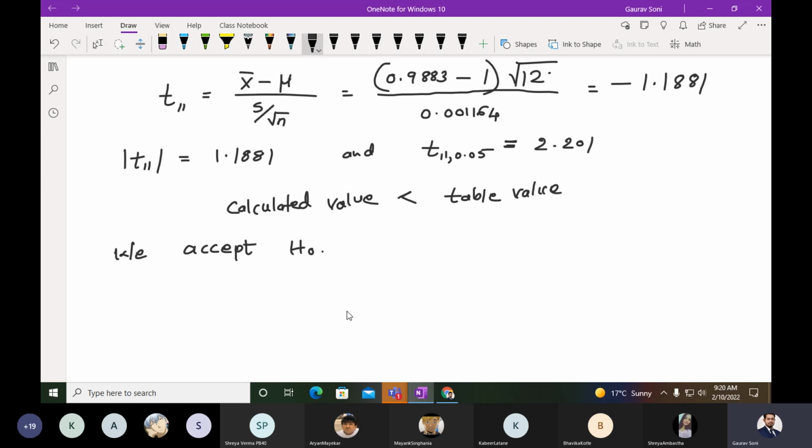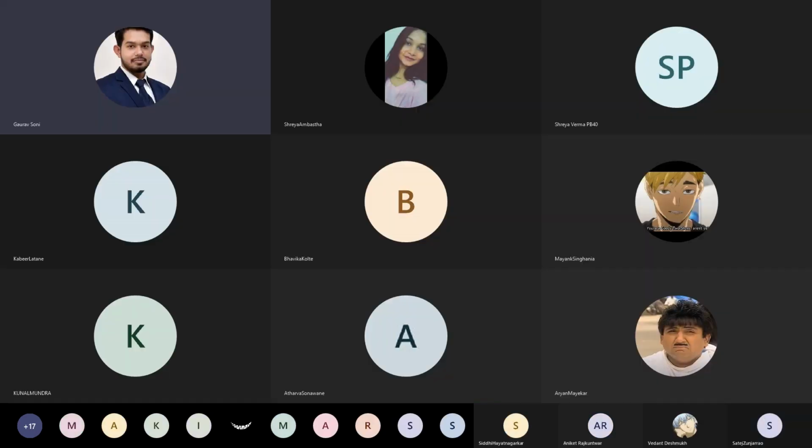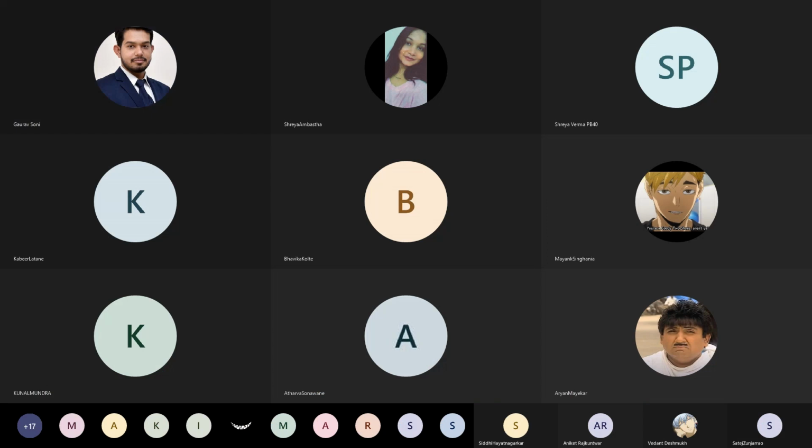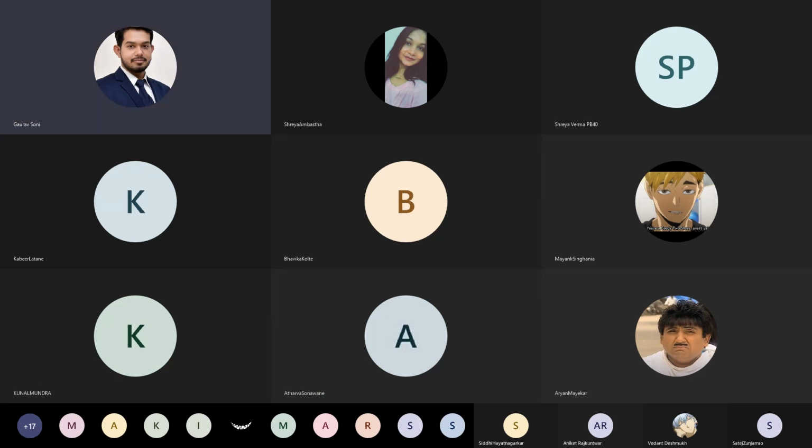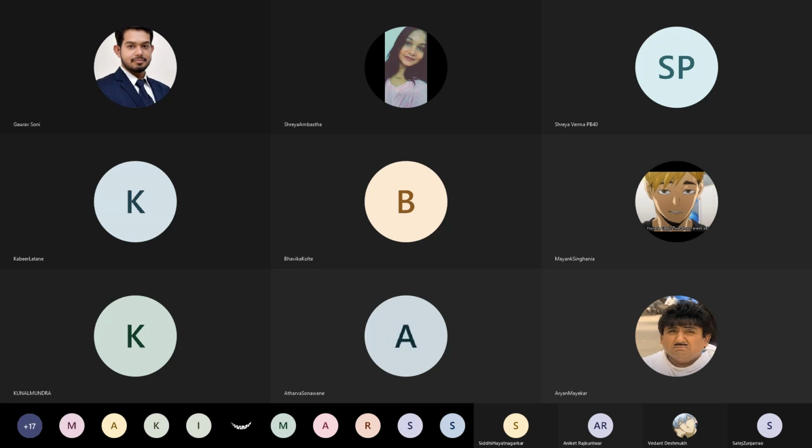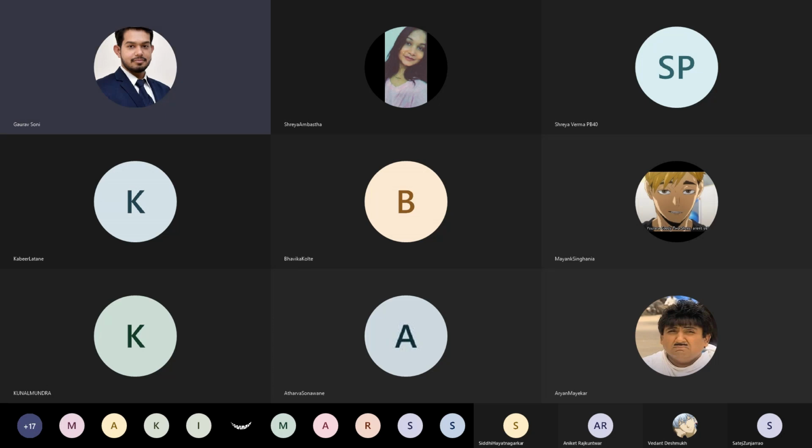In the second one, the student's t distribution, we saw whether the mean for the given data fits well to the complete population or not. And now we are going to compare two different datas.